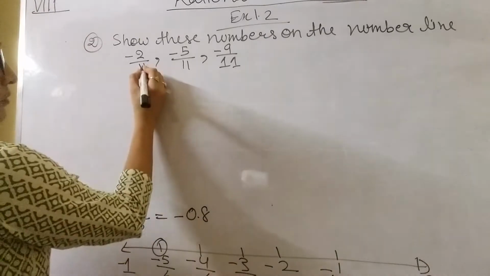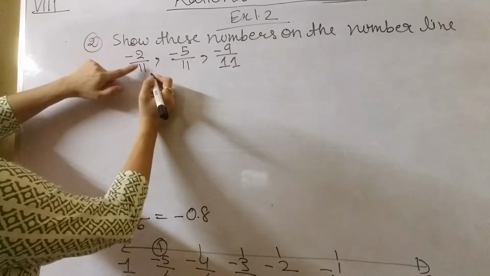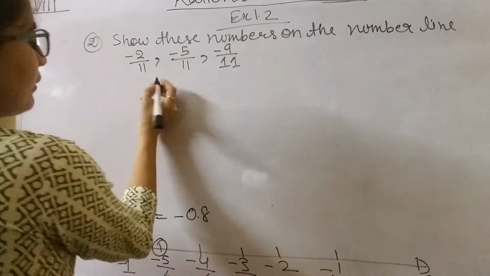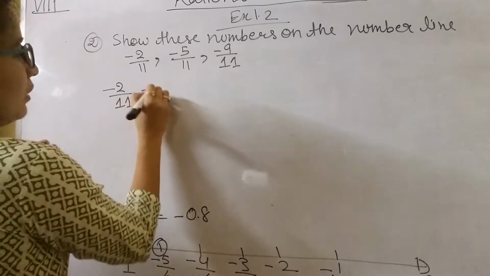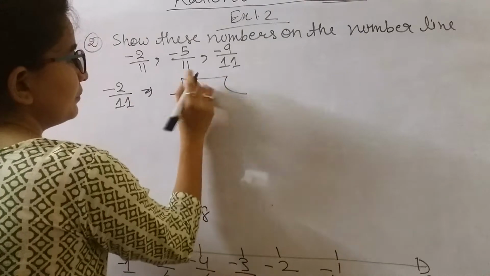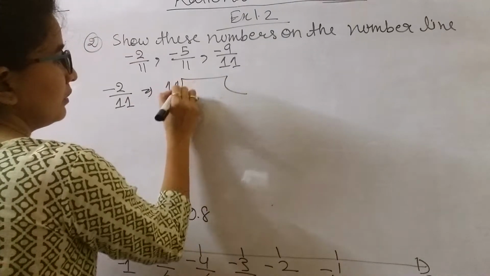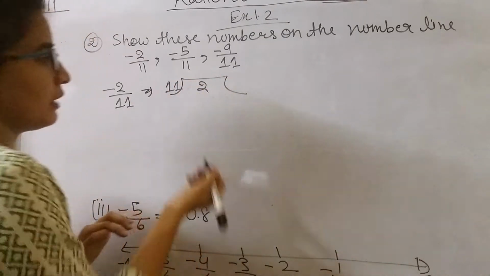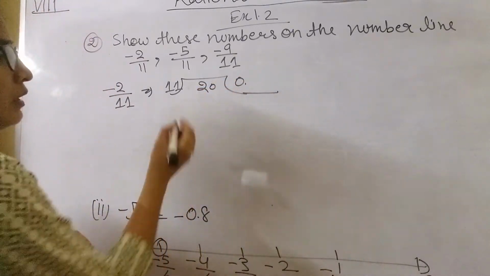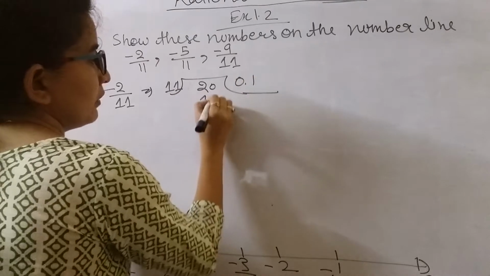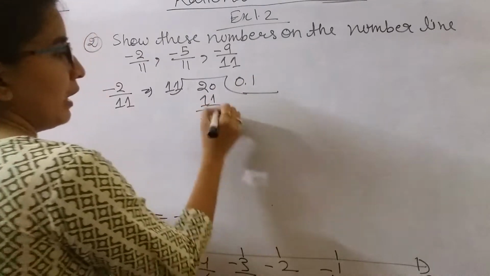Now for minus 2 upon 11, I can write it as, this will be 11 and inside that is 2, so I will take 0.0 here, 11 ones are 11 and I will get some remainder.